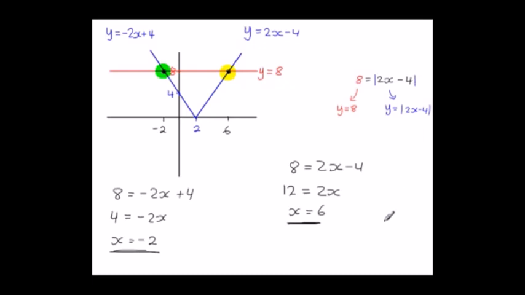Now there's no real necessity to do the graphs, so to look at the same solution without graphs, 8 is equal to the modulus 2x minus 4. So first of all, write down the equation as you see it without the modulus function. So 8 is equal to 2x minus 4. And then write it again, but change the signs on just one side only.